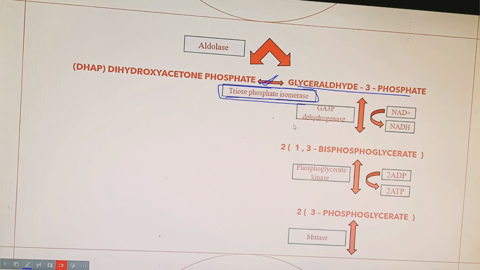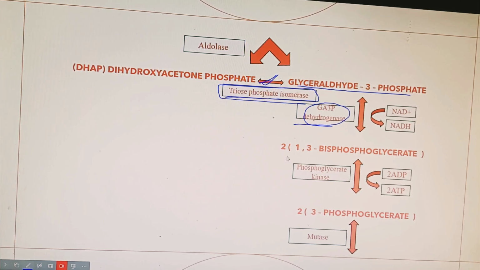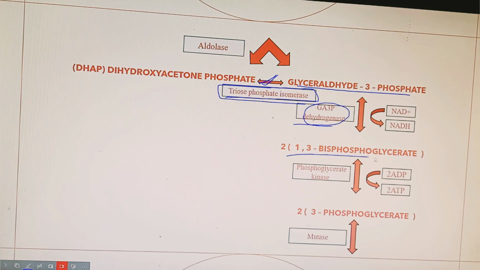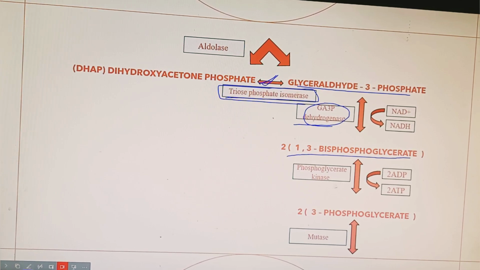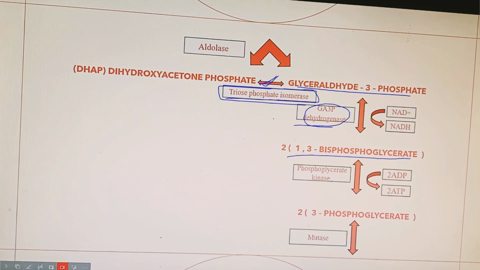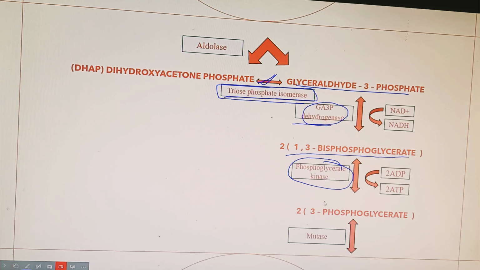And the glyceraldehyde 3 phosphate subsequently gets oxidized to form 1,3 bisphosphoglycerate while reducing NAD plus to NADH, and the energy released from this oxidation is used to phosphorylate ADP to form ATP.